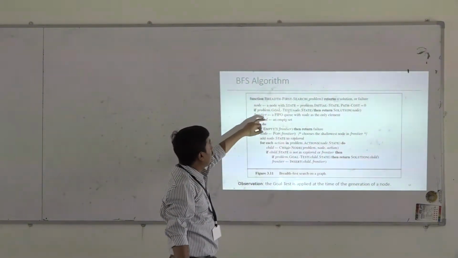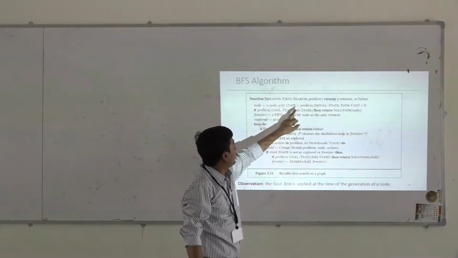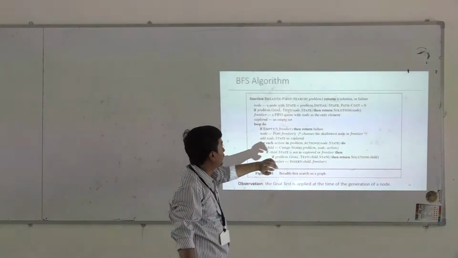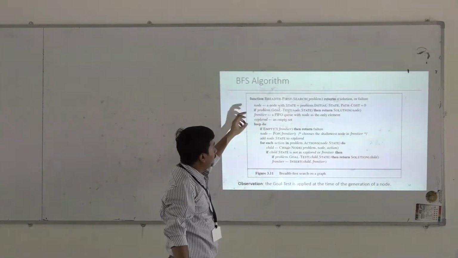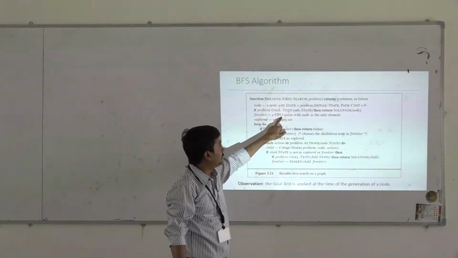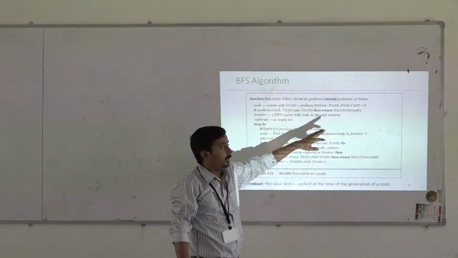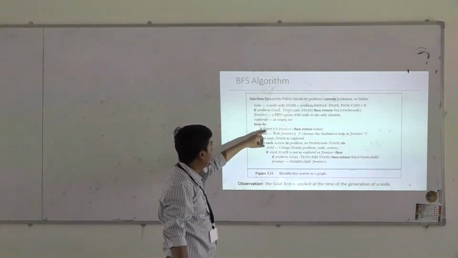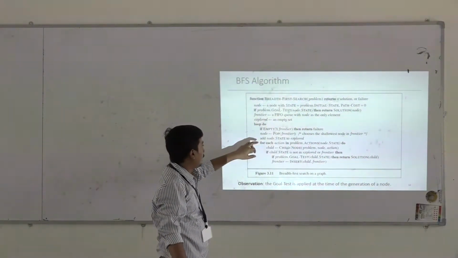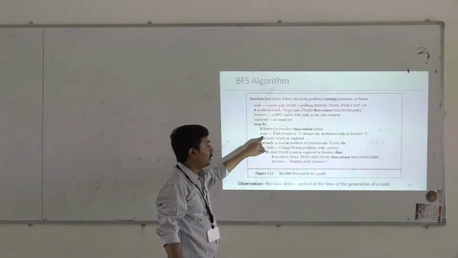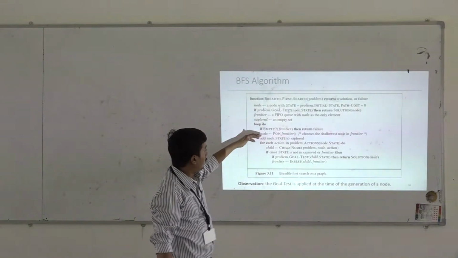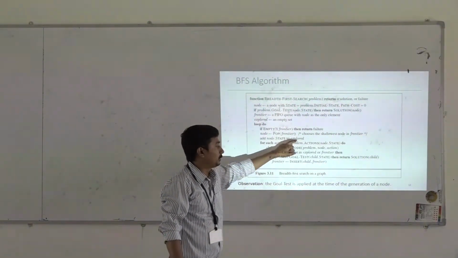We check whether this node state is a goal. If it is a goal, then return a solution. Otherwise, you create a frontier as a FIFO queue, first in first out, with the node as the only element. The explored set will be empty, and you repeat this procedure. If the frontier is empty, return failure. Then you remove the first element, expand it, and add that node to the explored set.